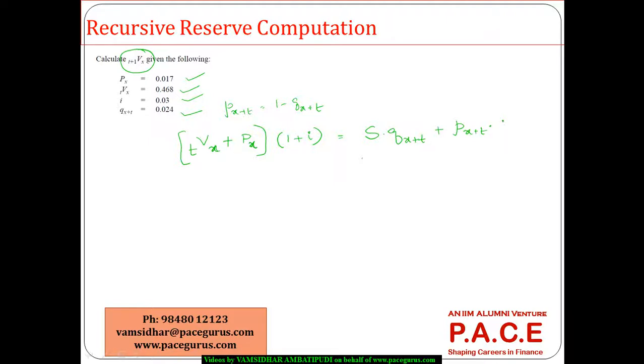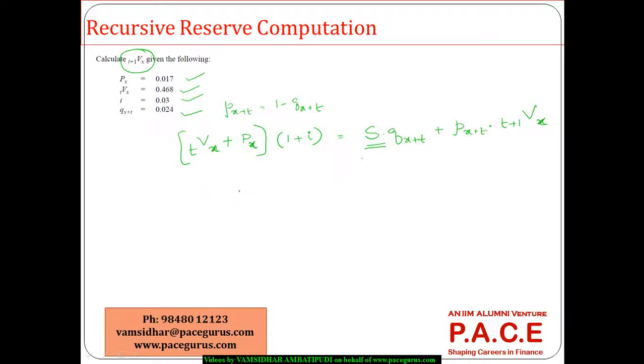Here the survival benefit is nothing but the reserve that is expected at the end of the period t plus 1. And for unit sum assured, I can take it as 1.